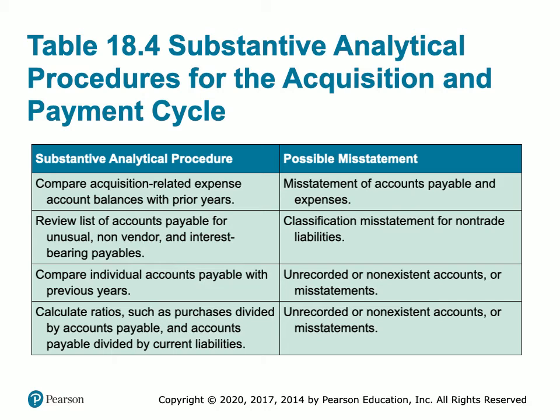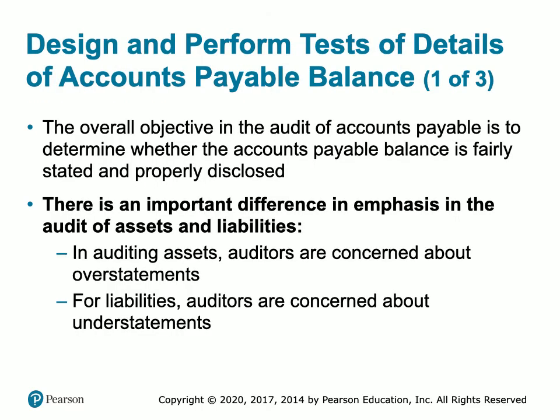That could also help with fraud and compliance with the Foreign Corrupt Practices Act. You can look at your major vendors and see what their activity is. So again, looking for understatement because we're on the liability side.